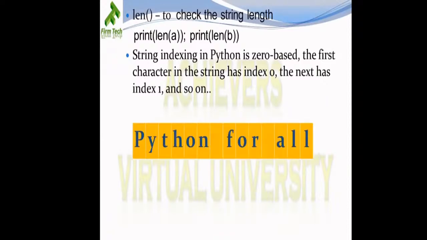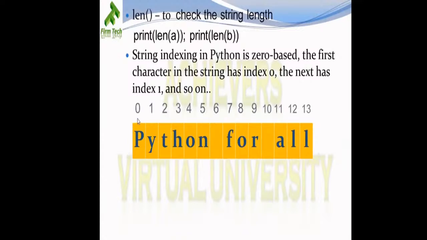So let us take our variable B, for which we have assigned the value Python for all. So this is the index number for this string. P is assigned index number 0, Y index number 1, T index number 2, 3, 4, 5, and the space will also have an index number. It is important to note that the space will also have an index number.